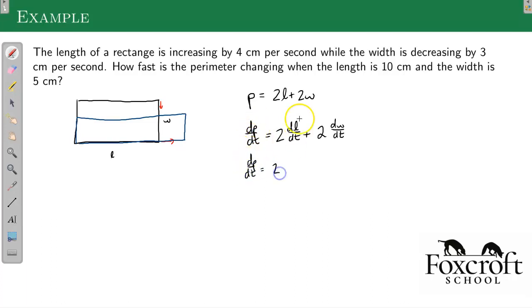The 2 is just going to stay, times the change in the length over time. We know the length is changing by 4 centimeters per second, so that's a 4. And the change in the width per time is decreasing by 3 centimeters per second, so that's a negative 3. Remember, a decreasing change is negative, which is 8 minus 6, which is 2. So dP/dt, the change in the perimeter, is 2 centimeters per second. As I let this problem go on a little longer, every single second my perimeter is going to be 2 units bigger.